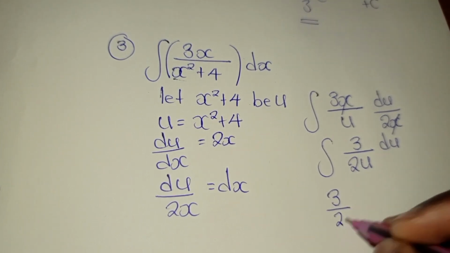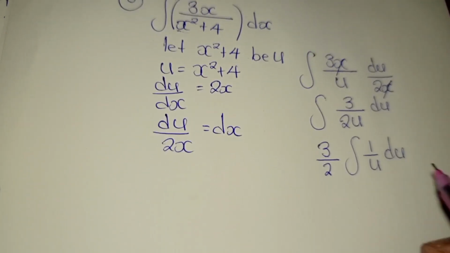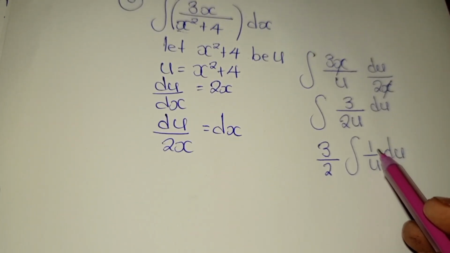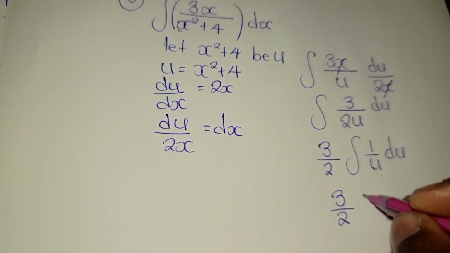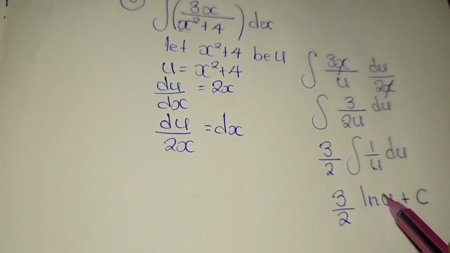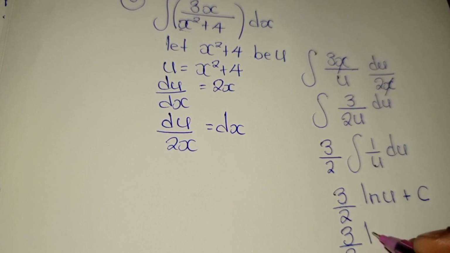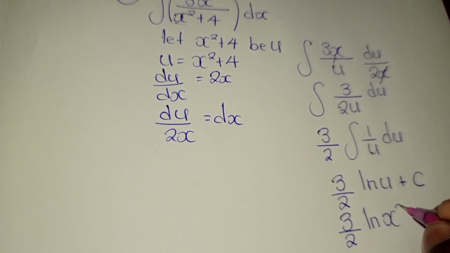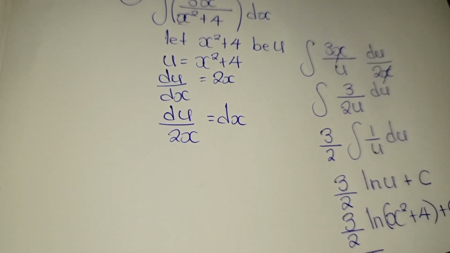So we have 3 over 2, the integral of 1 over u du. Then immediately we see such, we know the integral of every fraction whose denominator is raised to the power 1 is 3 over 2 ln of u plus c, where u in the first place was x squared plus 4. So the answer here is 3 over 2 ln of (x squared plus 4) plus c, where we can just put the braces here.